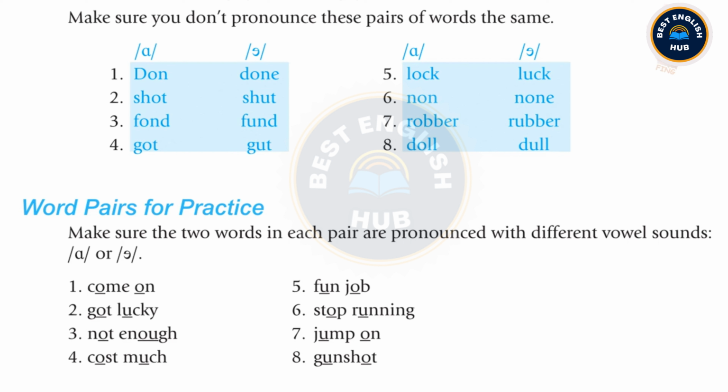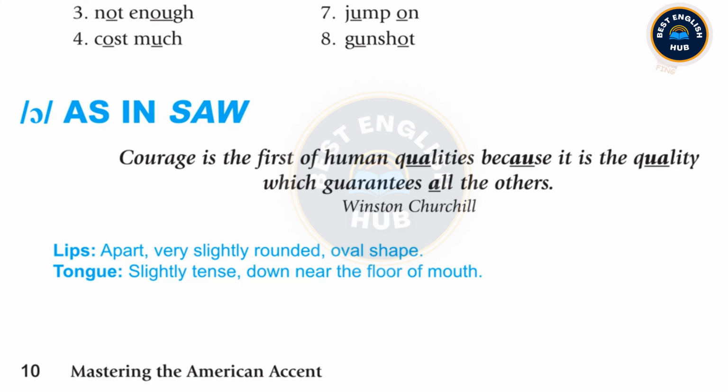Aw, as in saw. The lips are apart and very slightly rounded, and they're oval in shape, and the tongue is slightly tense and it's down near the floor of the mouth.